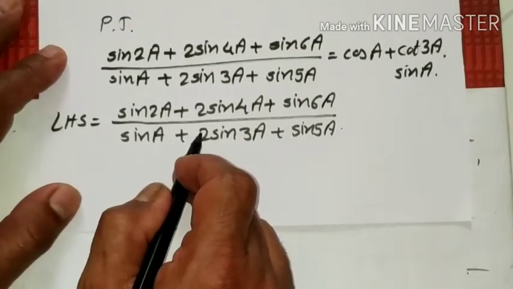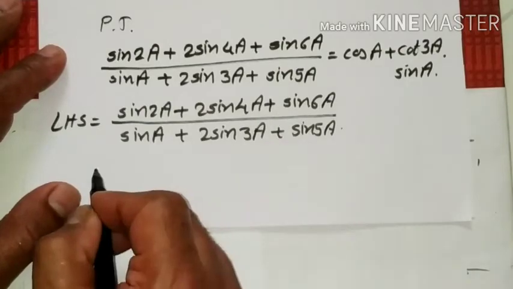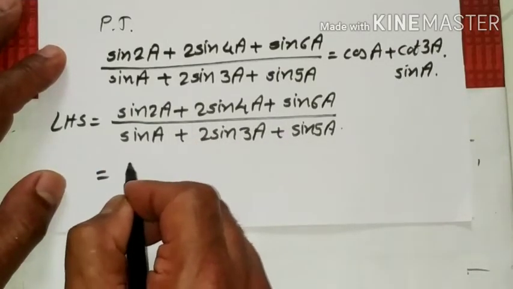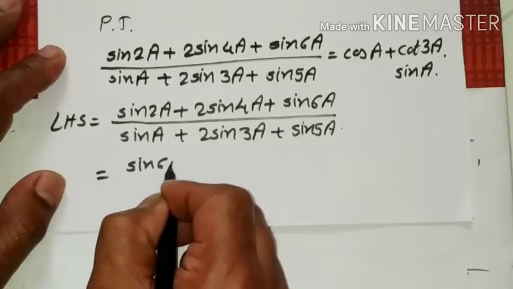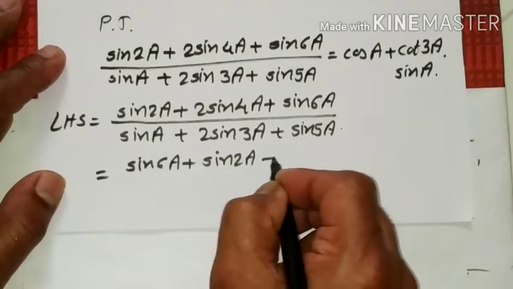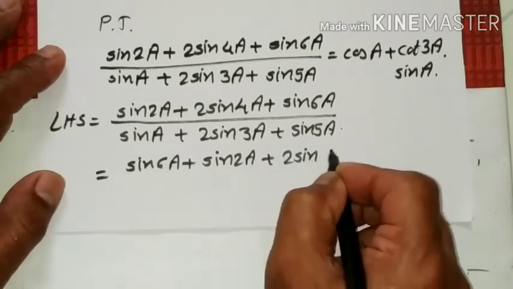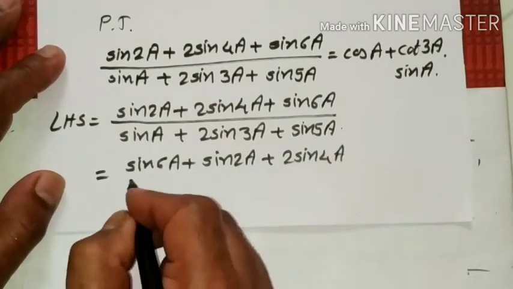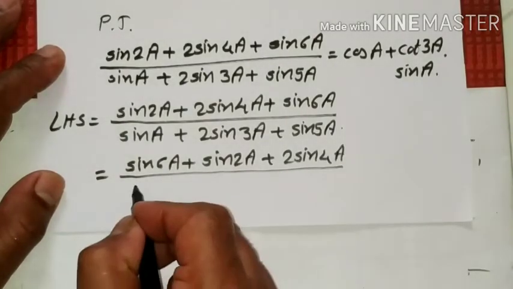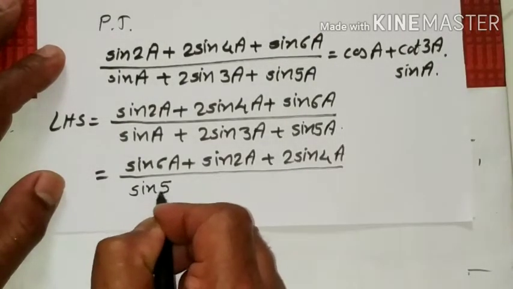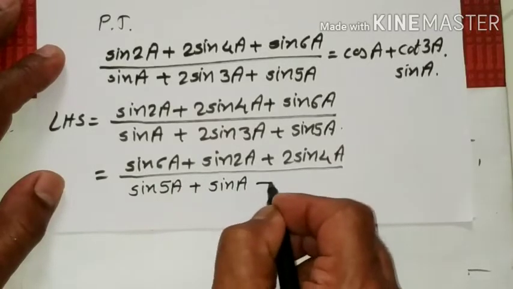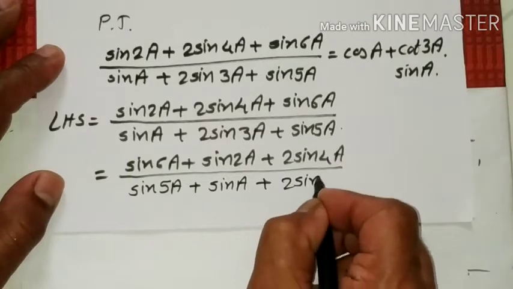First, consider the first term and third term and adjust all these terms: (sin 6a + sin 2a + 2 sin 4a) whole divided by (sin 5a + sin a + 2 sin 3a).